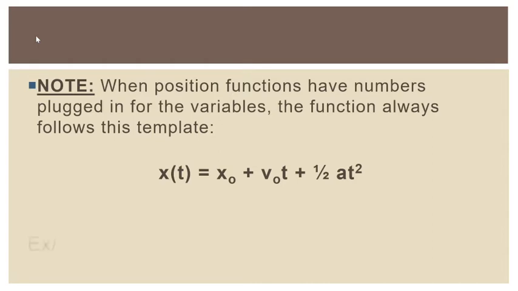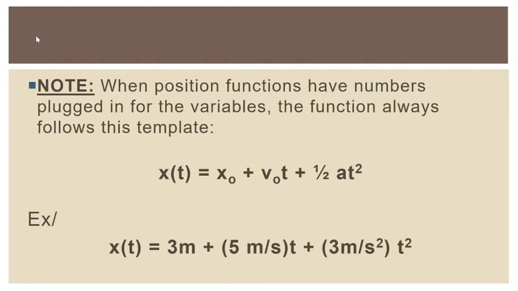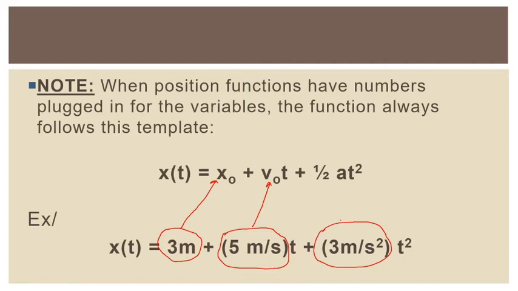And so essentially what we're saying here is, if we had an example that looked like this, x of t equals 3 meters plus 5 meters per second times t plus 3 meters per second squared times t squared, then what we're saying is that these numbers here, the 3 meters, the 5 meters per second, and the 3 meters per second squared, correspond to these variables. 3 meters is your initial position. 5 meters per second is your v naught. 3 meters per second squared is your 1/2 a.